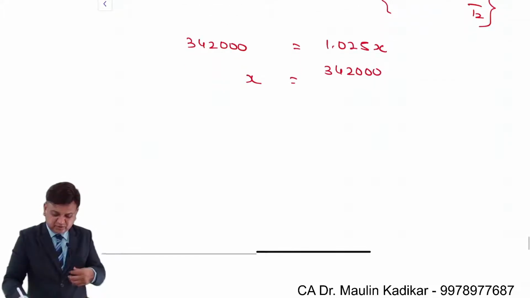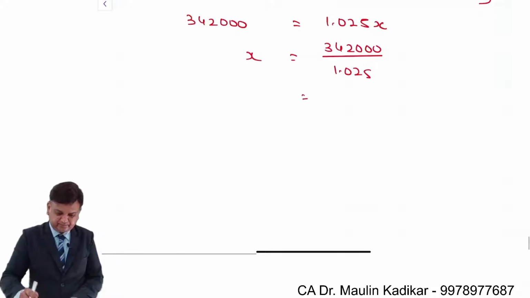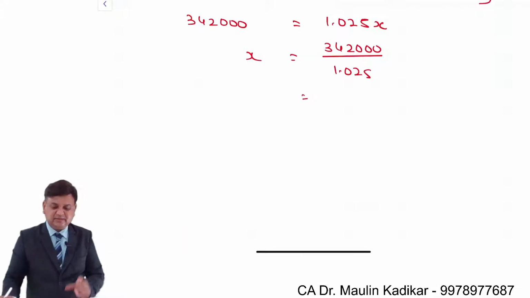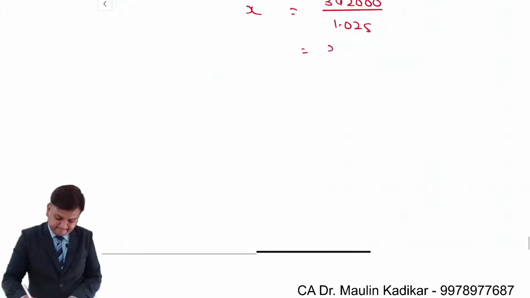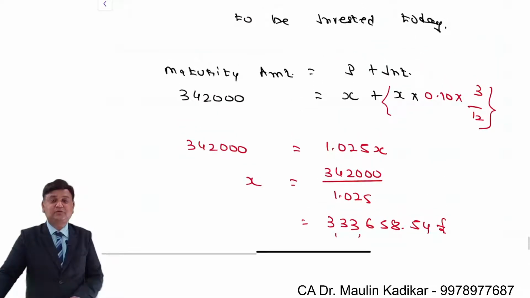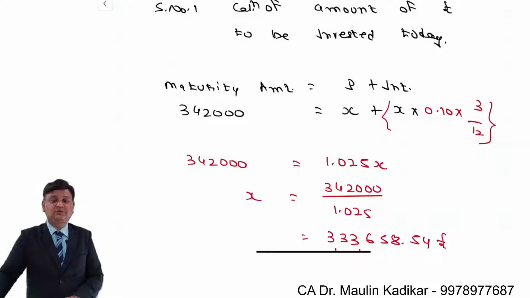So 3,42,000 divided by 1.025 comes to 3,33,658.54. This is the amount of the pound which is supposed to be invested today, so that the maturity amount of the deposit will be 3,42,000 pound.